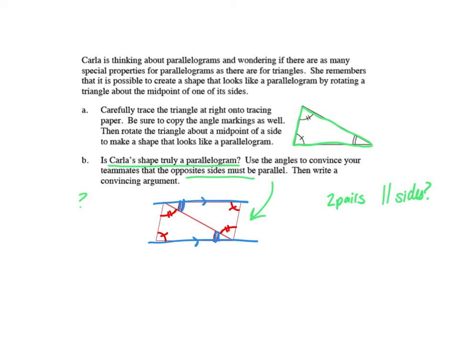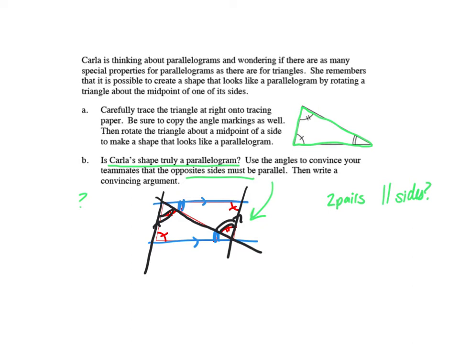And I can see these lines have alternate interior angles that are congruent, therefore these lines must be parallel. Looking at my sides on the left and the right, again, I have a different pair of alternate interior angles that are congruent there, created by this transversal. So then these lines would also be parallel, because when I know alternate interior angles are congruent, lines are parallel.